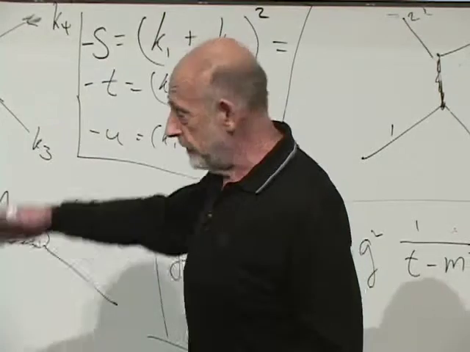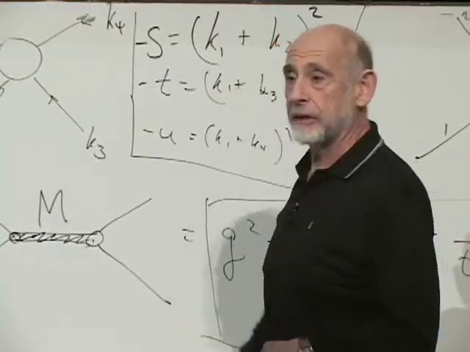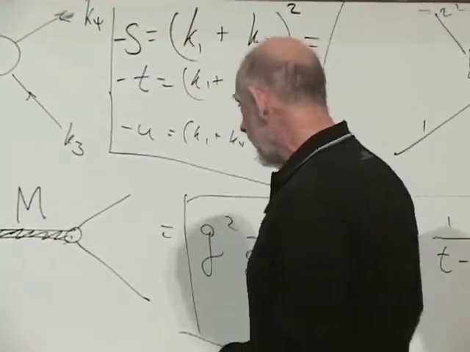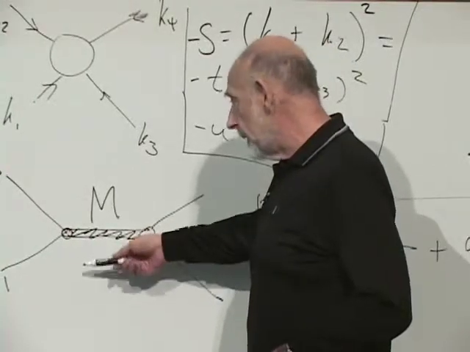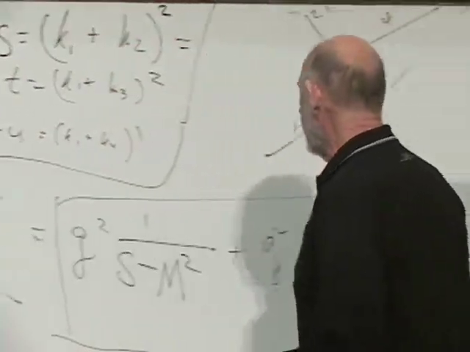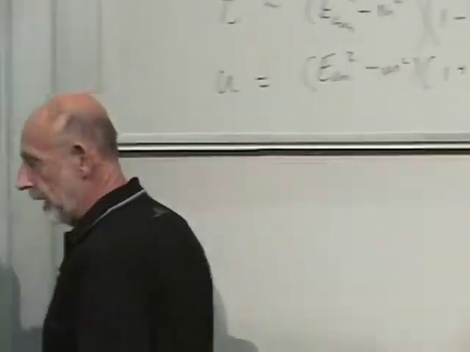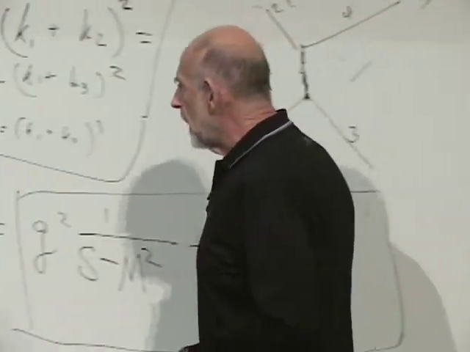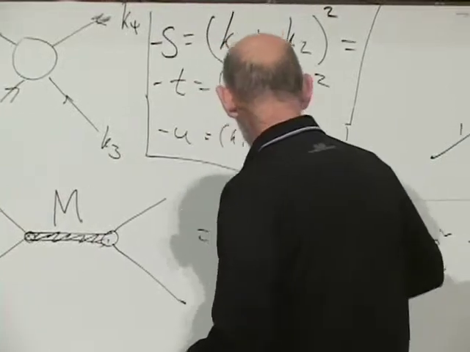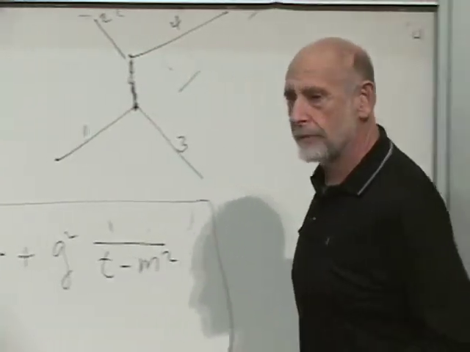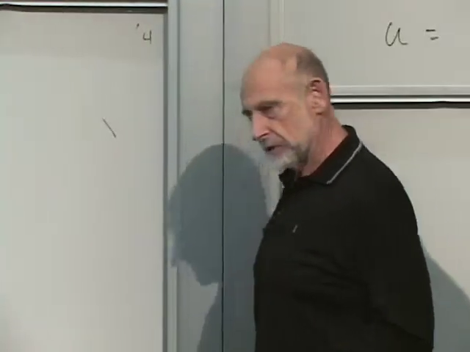Whole stacks of them with different mass and different angular momentum. We haven't described what the angular momentum would do here. What the angular momentum would do would be to change the dependence on the angle of scattering. Let's not get into it. Formulas like this are too simple to describe the realistic scattering of mesons.